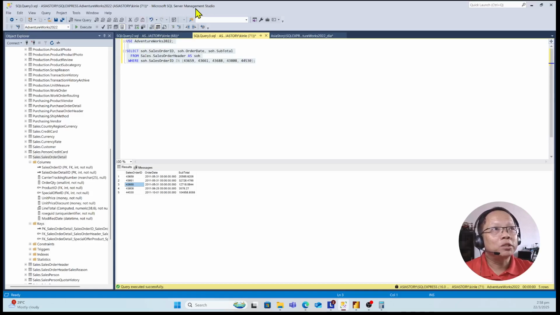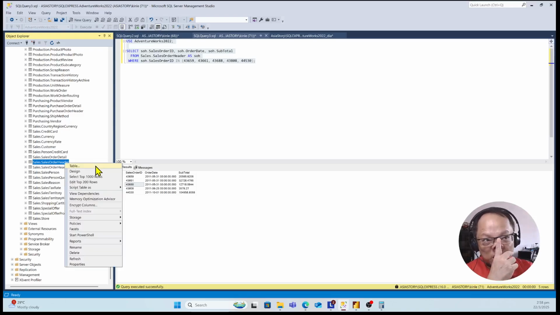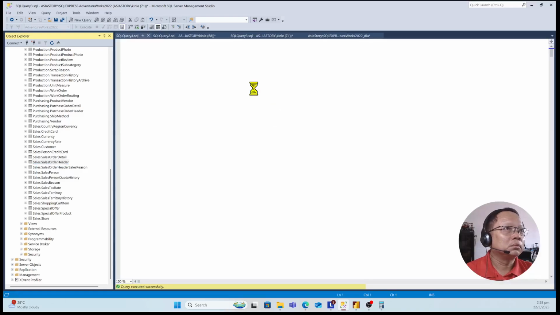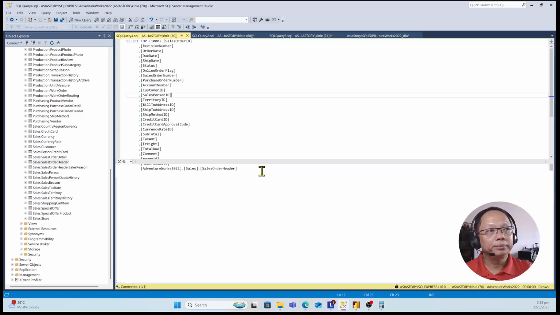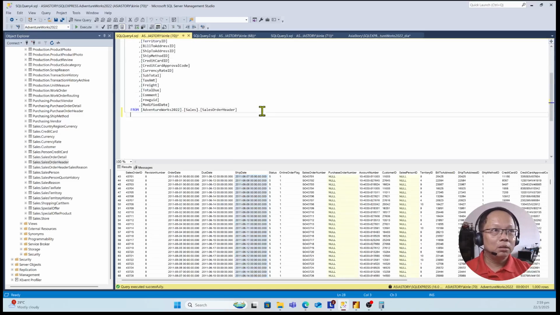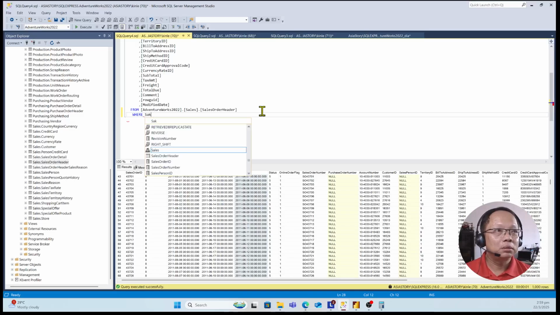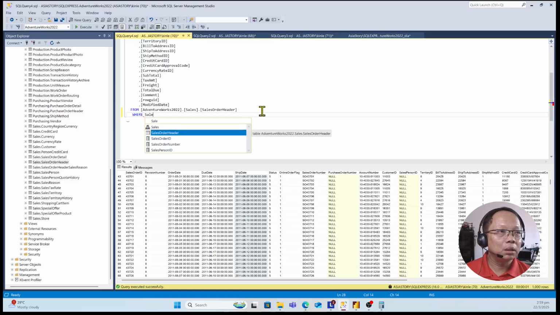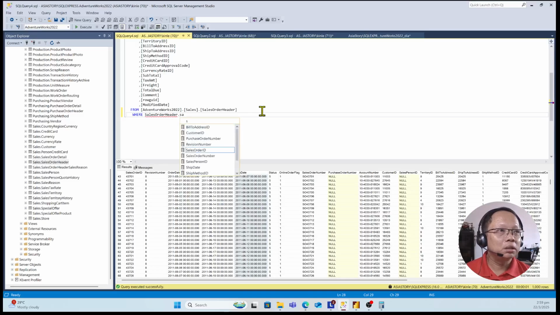Let's go back to my Microsoft SQL Server Management Studio. So sales order header, where sales order header dot sales order ID equals 75123.